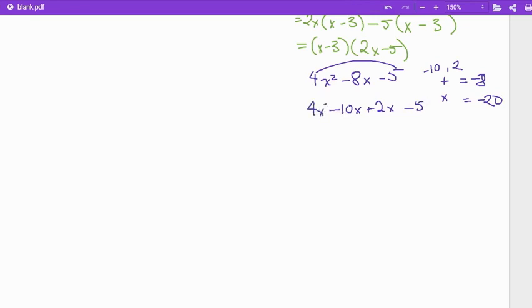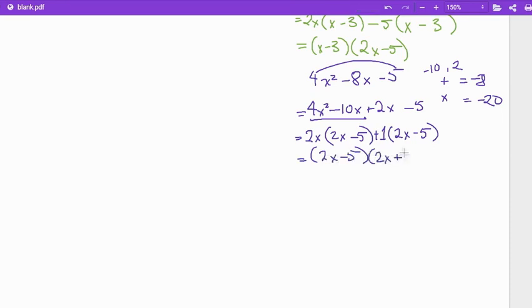Drop the 4x squared, add an equal sign. First group, common factor, 2x, leaving us with 2x minus 5. Ooh, look at the second group. 2x minus 5 already exists, but I need to add something here, so it will be simply plus 1. 2x minus 5 times 2x plus 1.